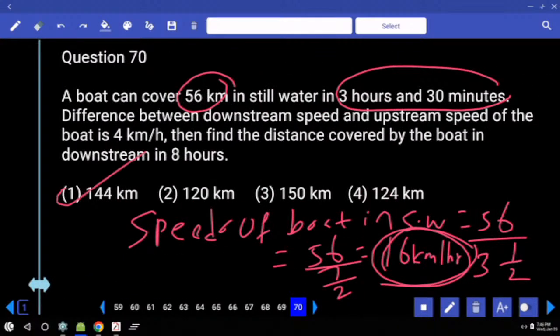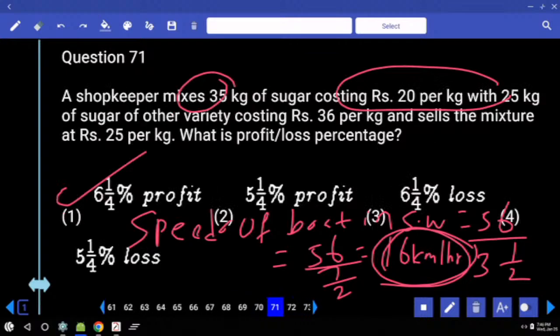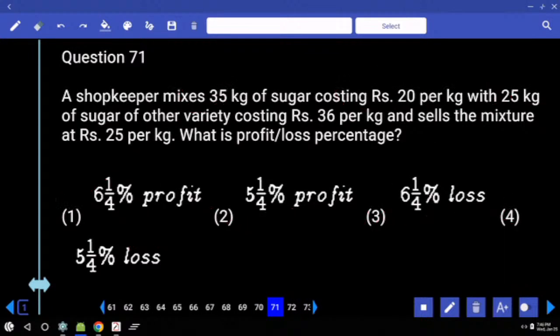Clear or not? Yes or no? Right. Next, 71 question. This particular question we have done in the last classes also. A shopkeeper mixes 35 kgs of sugar costing rupees 20 per kg with 25 kg of sugar of other variety costing rupees 36 per kg and sells the mixture as 25 per kg.